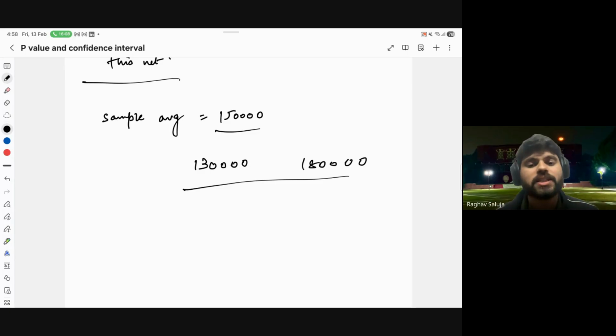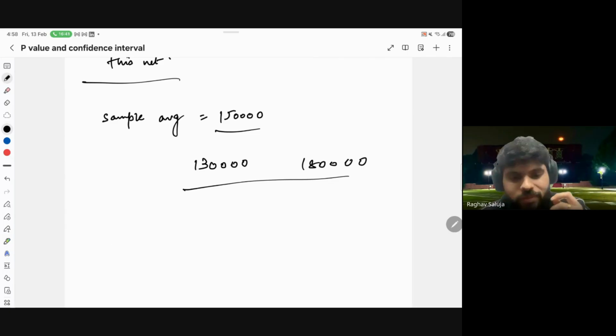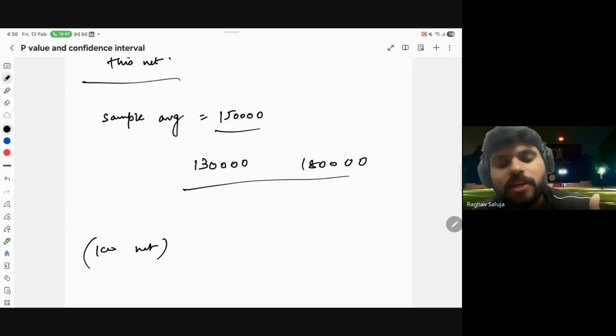What does 95% confident mean? It means if we went out and did this survey 100 different times, creating 100 different nets, 95 of those nets would catch the true average. 95% confident means that if you go fishing 100 times, throwing the net 100 times, then 95 times the fish will be caught.